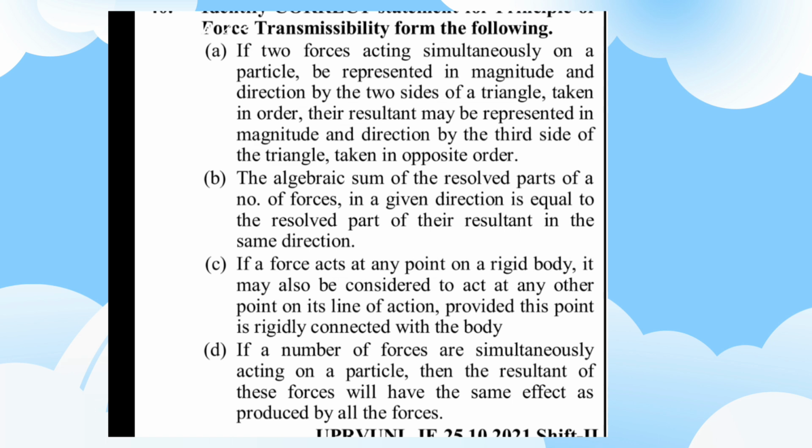D. If a number of forces are simultaneously acting on a particle, then the resultant of these forces will have the same effect as that produced by all the forces. So C is correct: the force acts at any point on a rigid body, and it may also be considered to act at another point on its line of action provided this point is rigidly connected with the body.